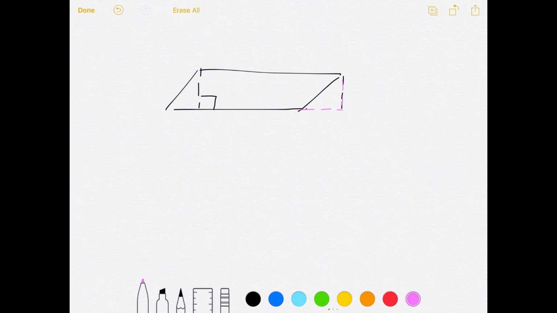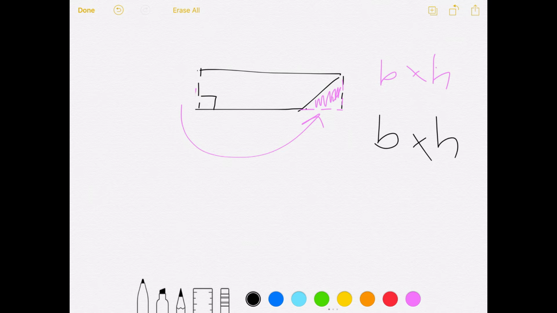So can I say that suppose I remove this pink triangle from this part, and I substitute that pink triangle from this to this part? Does it make a complete rectangle? And the area of a rectangle is equal to what? Base times height. So the area of a parallelogram is also equal to base times height. So if we understand how to derive the formula, then there is no need to memorize it.